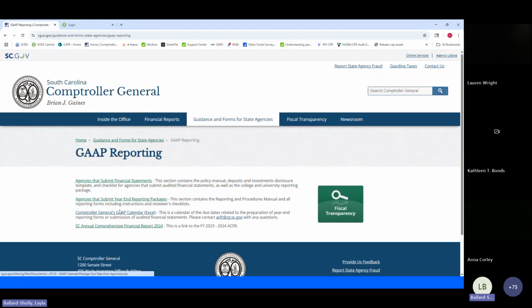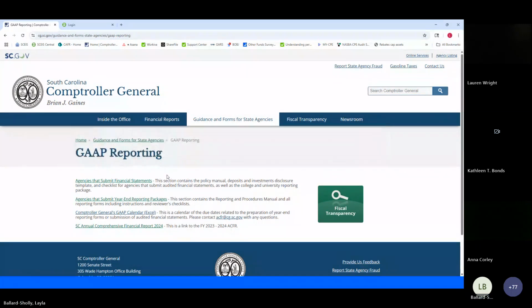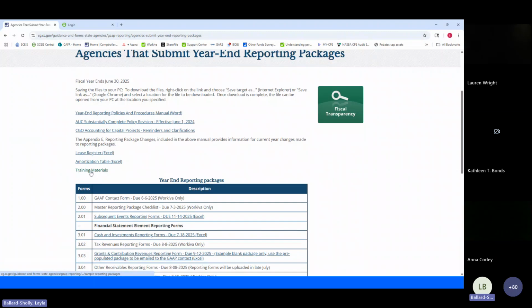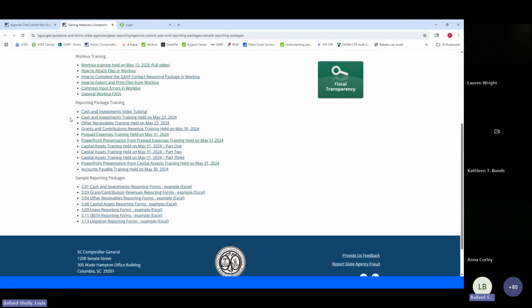If you go to our website and go to guidance and forms for state agencies and click on GAAP reporting, and then you go to agencies that submit year-end reporting packages, we have a section called training materials. This used to be called sample reporting packages, but we changed it. And there's Workiva training at the top. But all the reporting package trainings that we've kept are in this section.